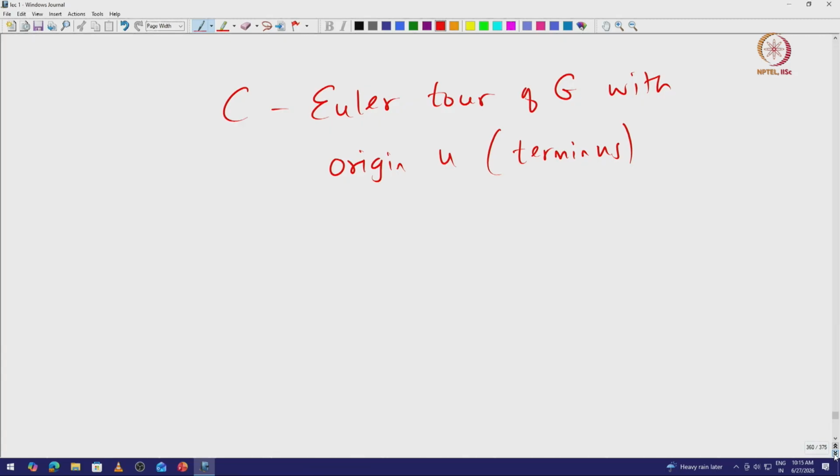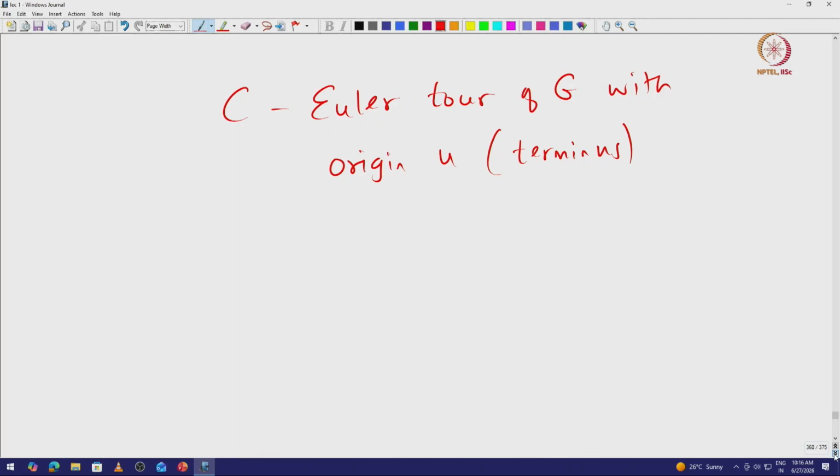It is nothing but a closed Euler trail, that is, a trail that traverses every edge of G. That is called an Euler trail and it must be closed, so the origin and terminus vertices must be the same.